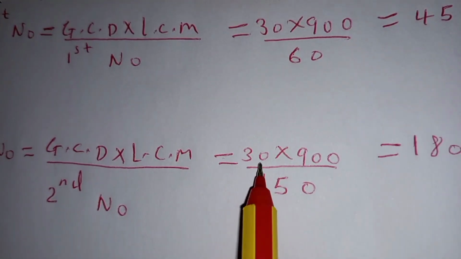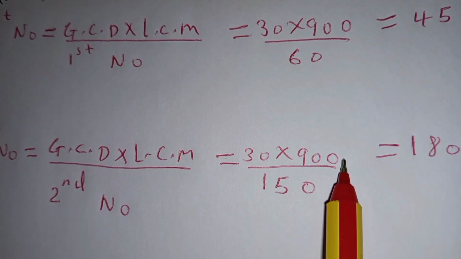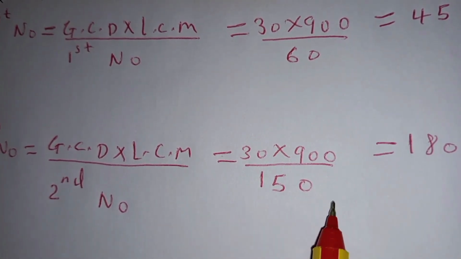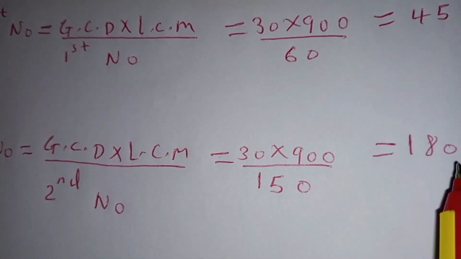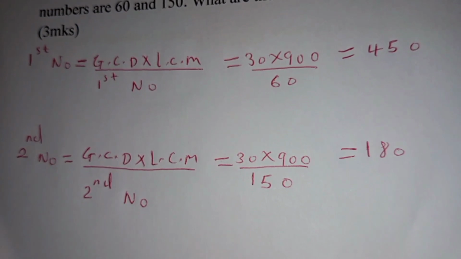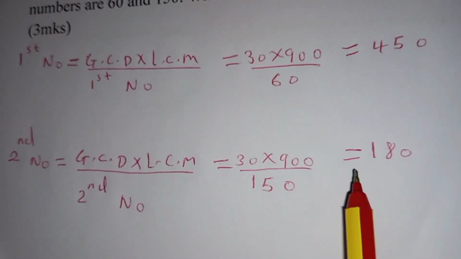So that multiplied by 900 is equal to 27,000. 27,000 divided by 150, the result is 180. So our two possible numbers are 450 and 180.